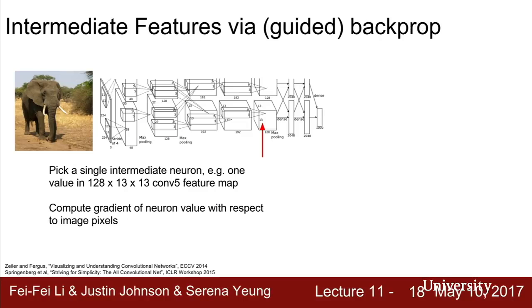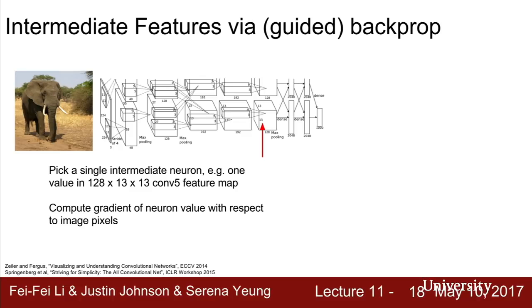Another related idea is guided backpropagation. Again, we still want to answer the question for one particular image, but now instead of looking at the class score, we want to pick some intermediate neuron in the network and ask which parts of the input image influence the score of that internal neuron.